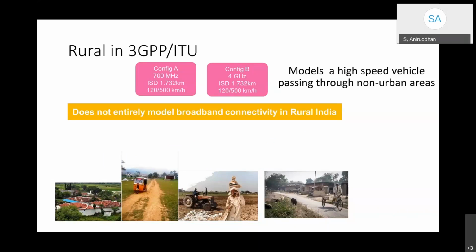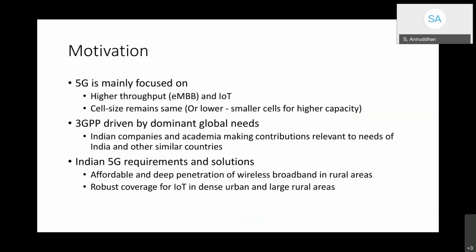Obviously, we know that this has nothing to do with the actual situation in rural India. So now you can see the motivation for why India should specifically drive aspects. This is one example of where India should drive test use scenarios and the standard.